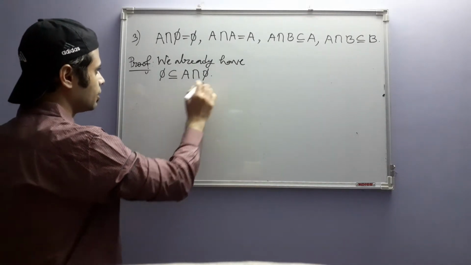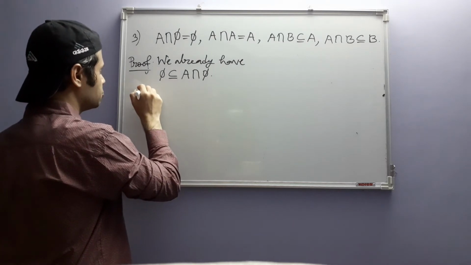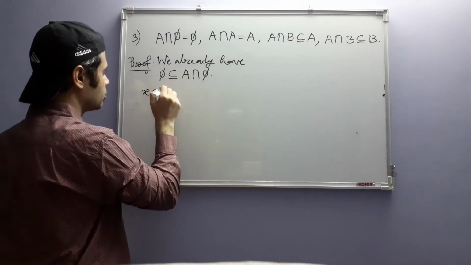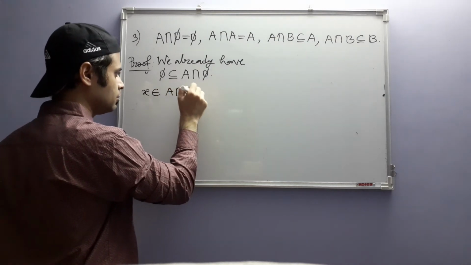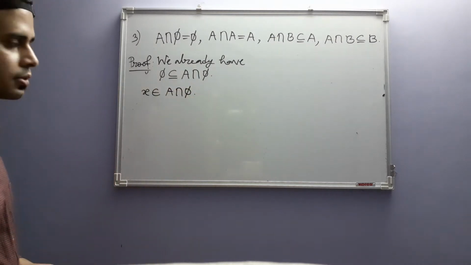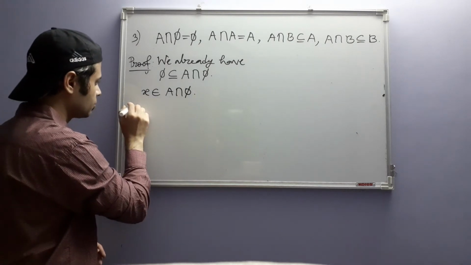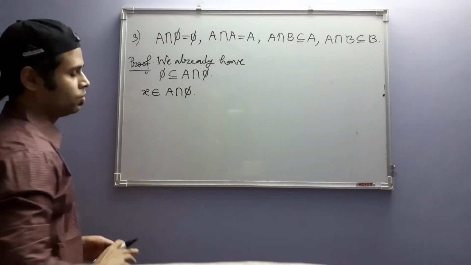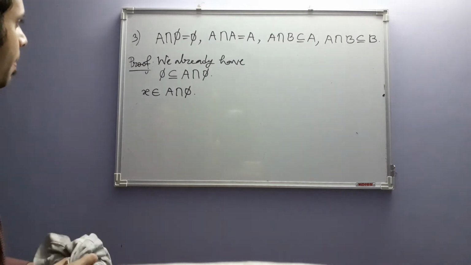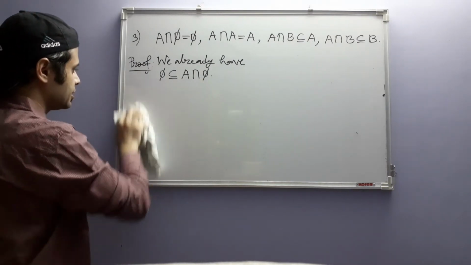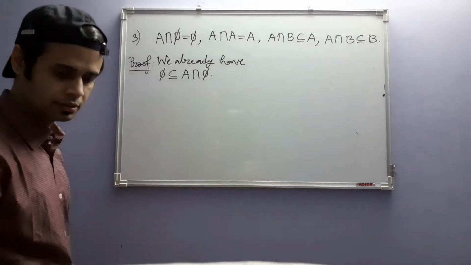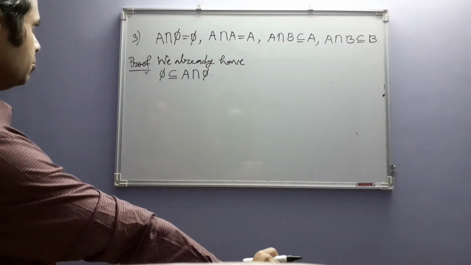For the other half, you take an element x in A intersection the empty set. Okay. Oh, actually, to prove that something is a subset of the empty set, what do you have to do actually?